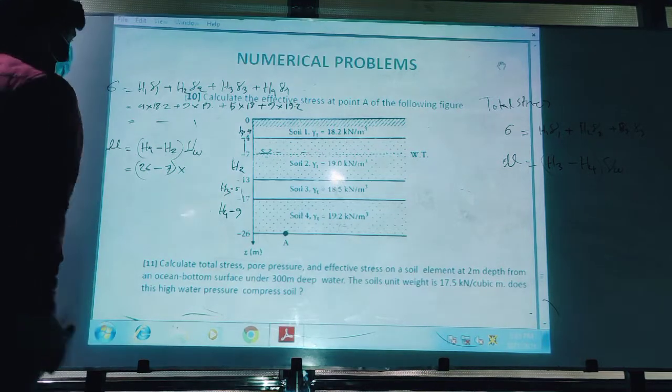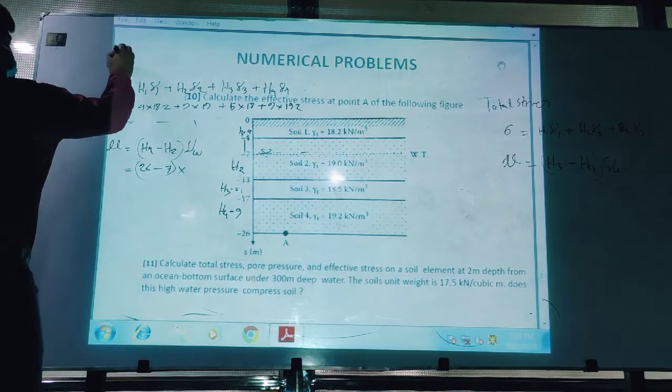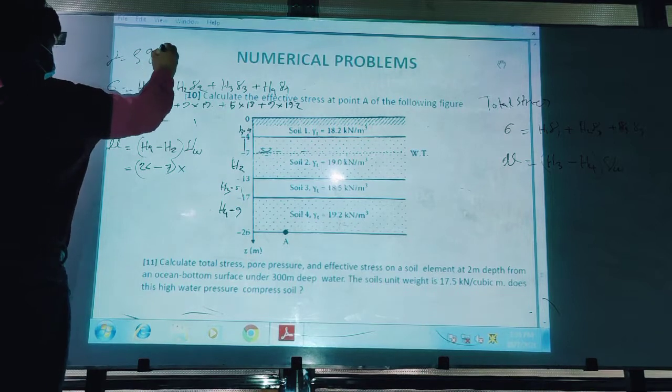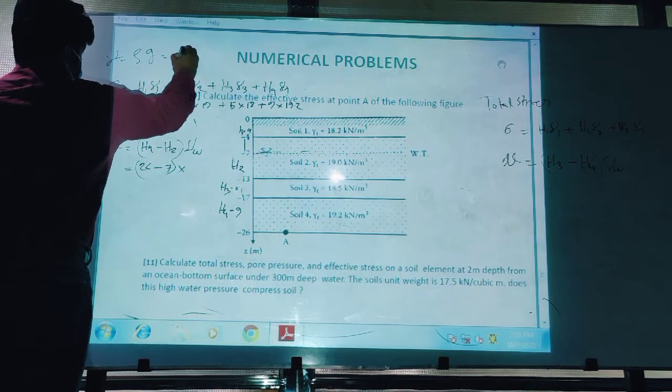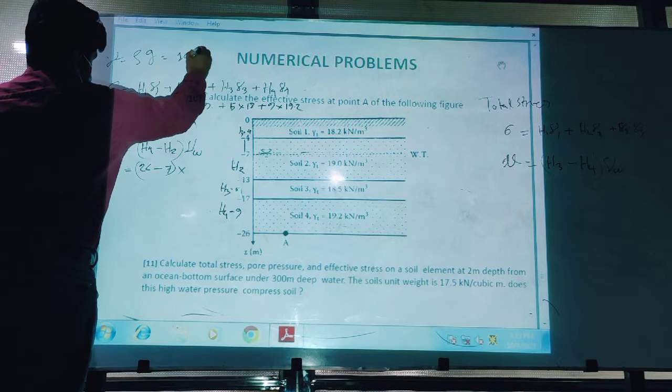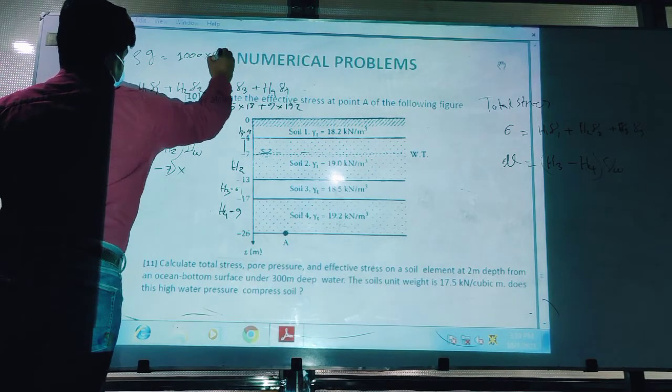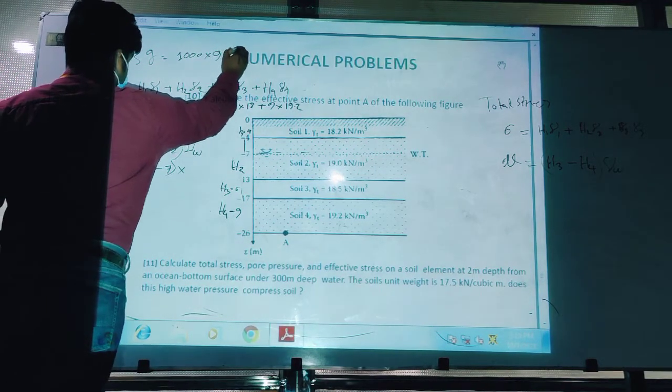We know that because of water, gamma is equal to sigma G. For water, density into 9.81.